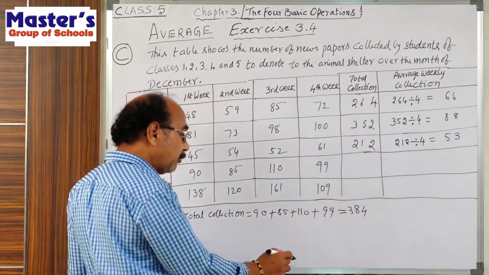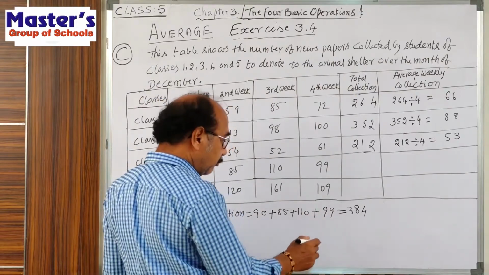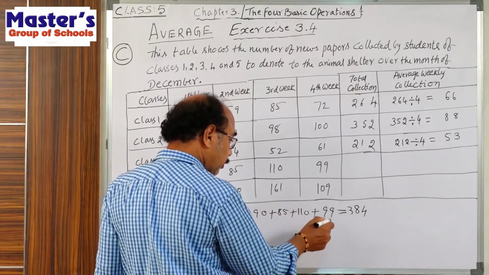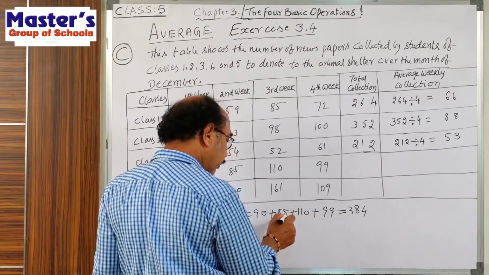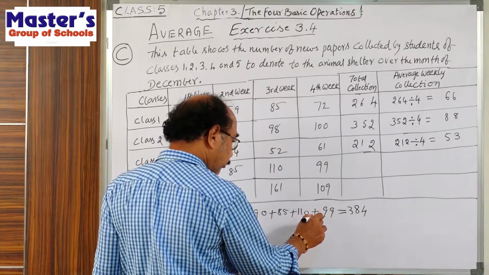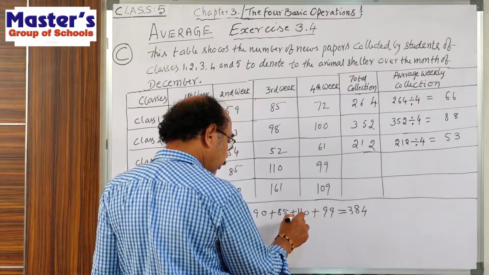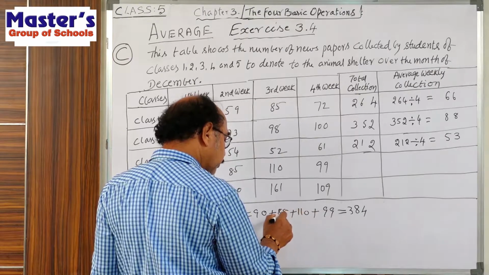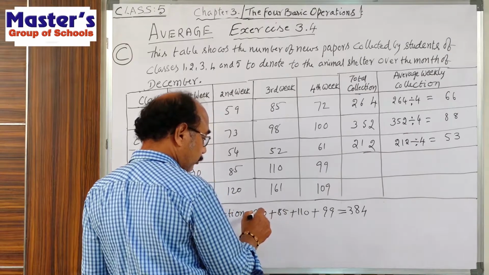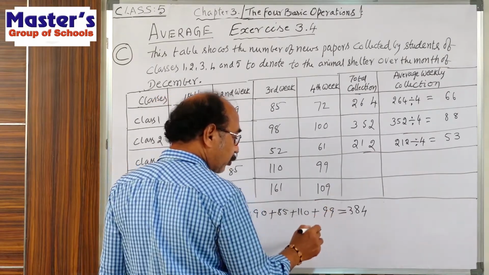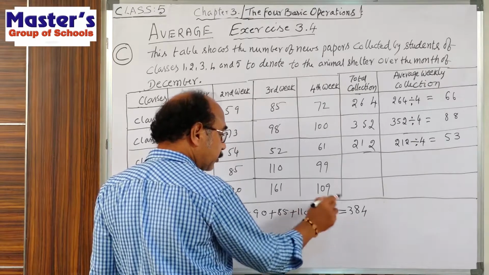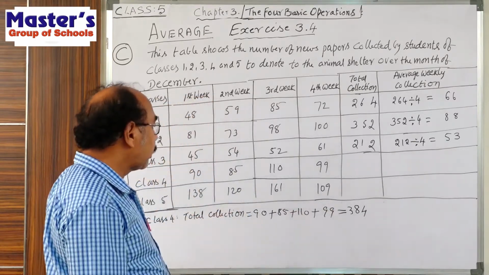Once again see, first of all add the units digits. What are the units digits? 9, 0, 5, 0. So 9 plus 5, 14. 4, 1 is there. 9 plus 1, 10. 10 plus 1, 11. 11 plus 8, 19. 19 plus 9, 28. 8. 2 is there now. Now 2 and this 100 plus this. 2 plus 1 is 3. 384 is the total collection.